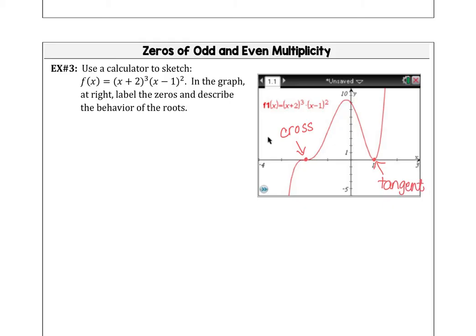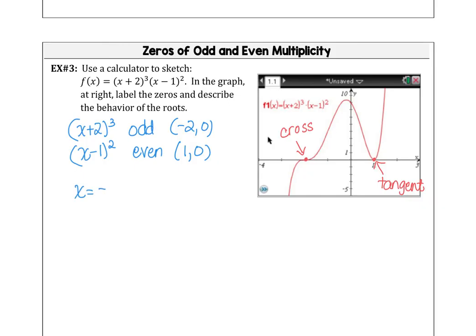And if you think about the factors, x plus 2 cubed is odd, so we're crossing at (-2, 0). But the other factor, x minus 1 squared, is an even factor, power 2, and we're looking at a zero of 1. So x equals -2 is said to have multiplicity 3, or odd, and x equals 1 is said to have multiplicity 2, or even.